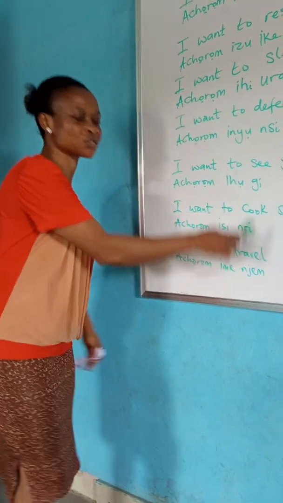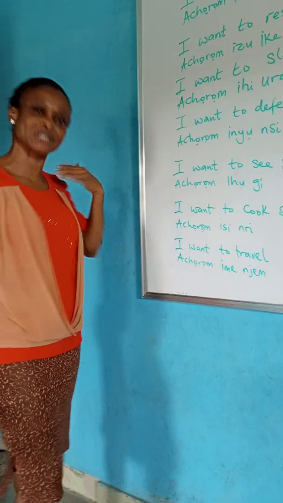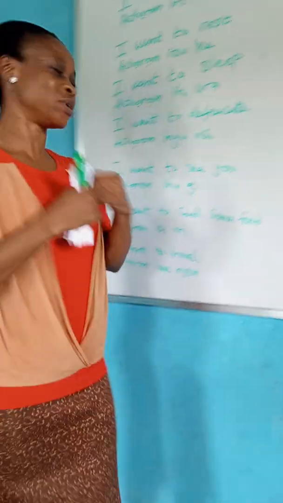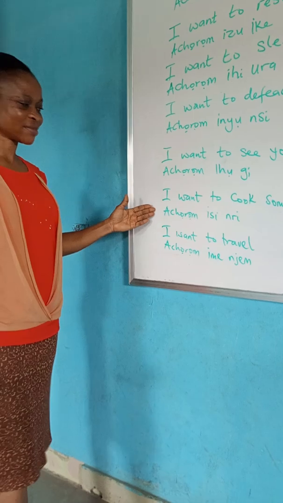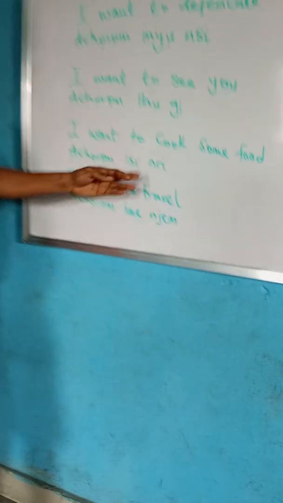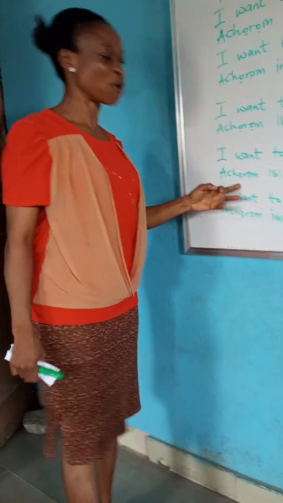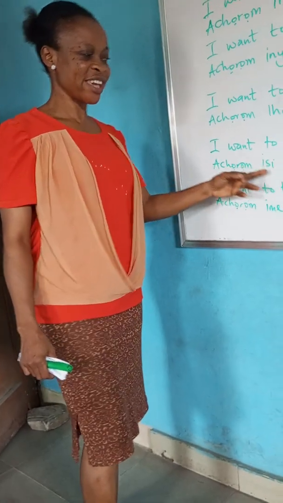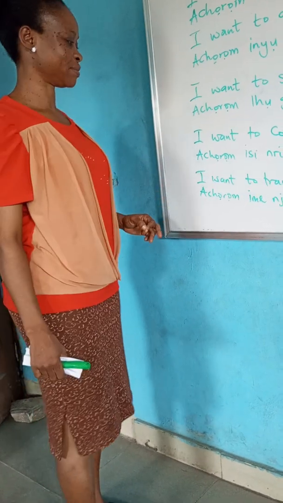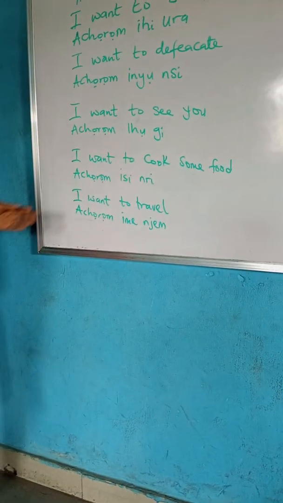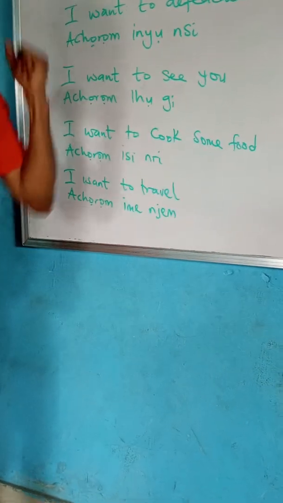The next one is, I want to cook some food. How do you say it or write it using Igbo language? Achọrọ m isi nri. Nri means what? Food. Achọrọ m isi nri. Then the last one in the list is, I want to travel.